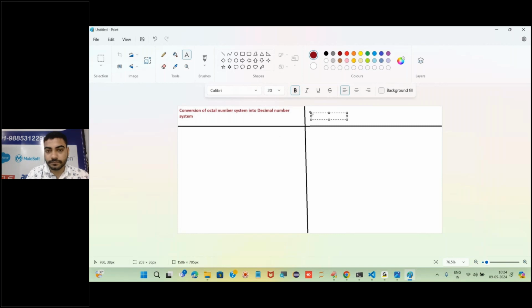Visible, right? Decimal into what? Octal. So vice versa, we'll see both of these. Shall we go now?